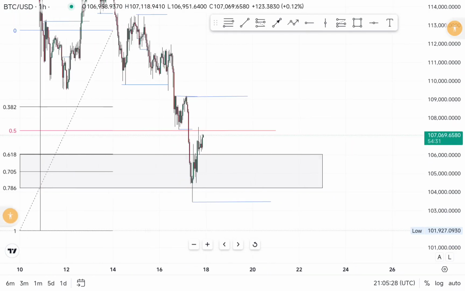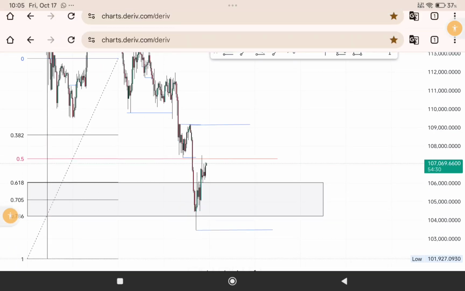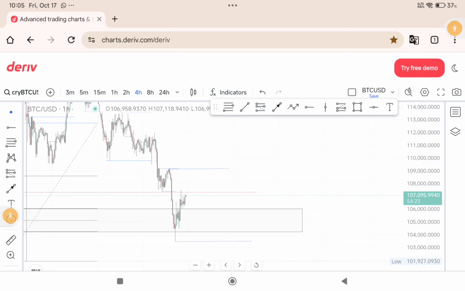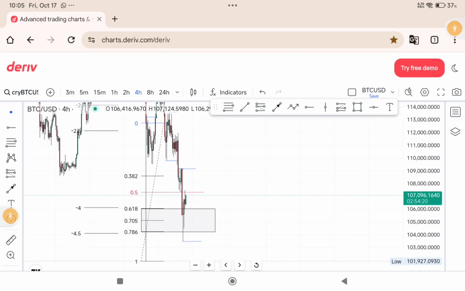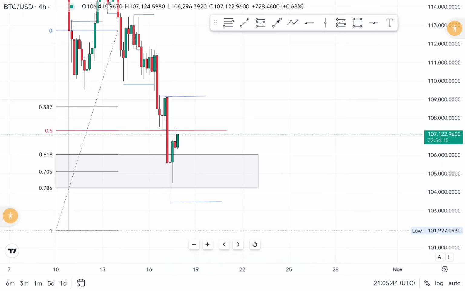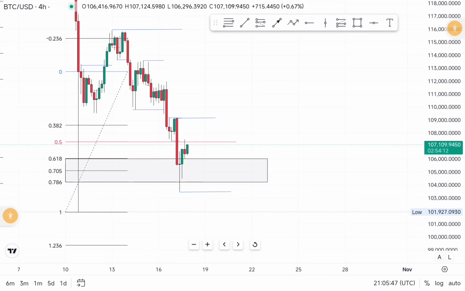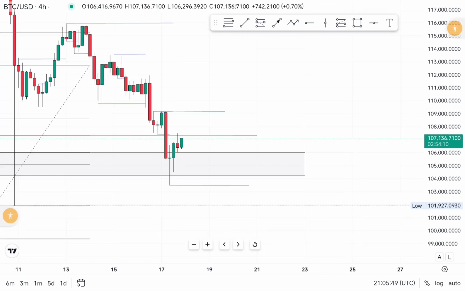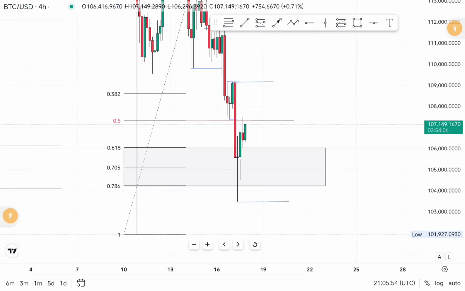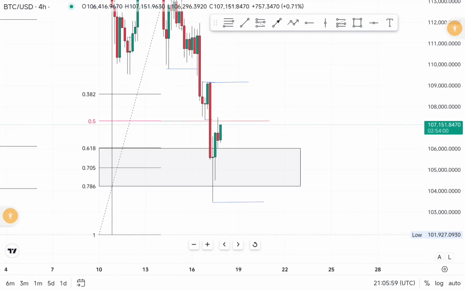So as you can see, in the 1 hour time frame, and here we move to the 4 hours time frame. As you can see, the price pulled back to the 0.61 region and 0.786 region.